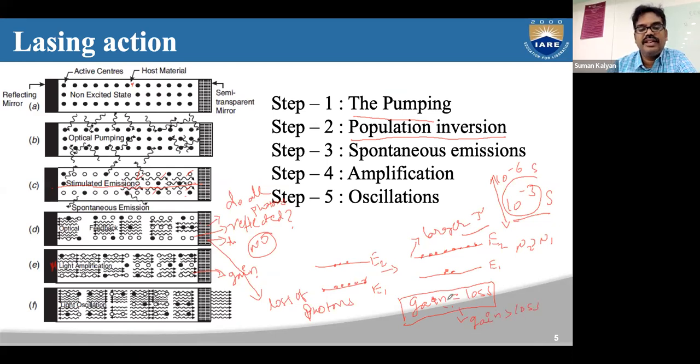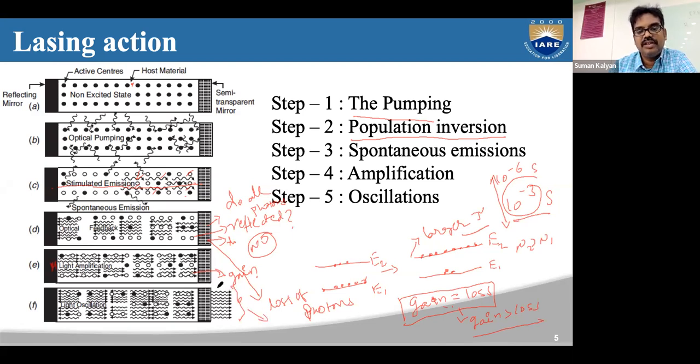That is, the number of photons generated will be more than the number of photons leaving from this place. At that point, as you can see, the photon density is increasing from one step to the other. When there is more gain than loss, we can see the laser beam coming out of this particular face.